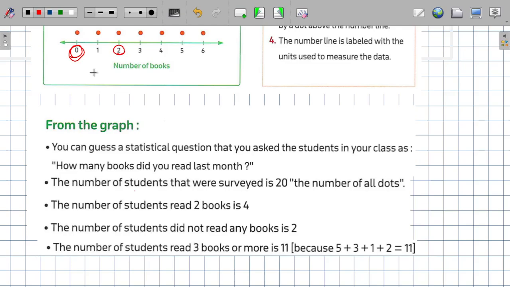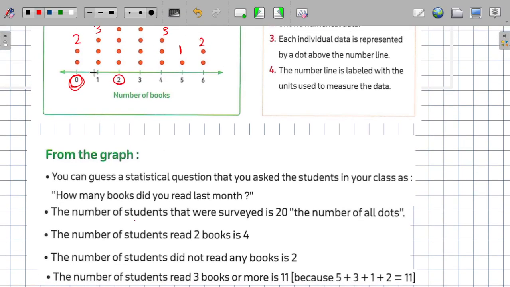And if I also want to know the number of students that read 3 books and more? So I will stop at 3 here. Okay, and I want to know the number of students that read 3 books or more.